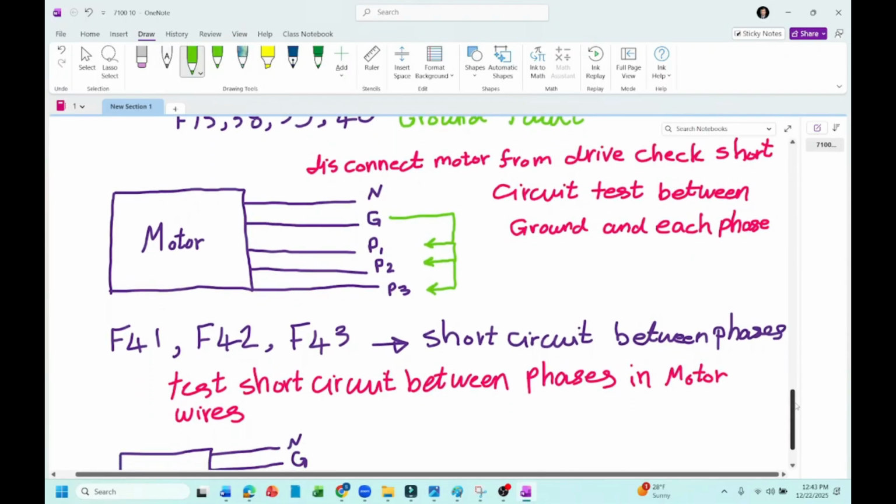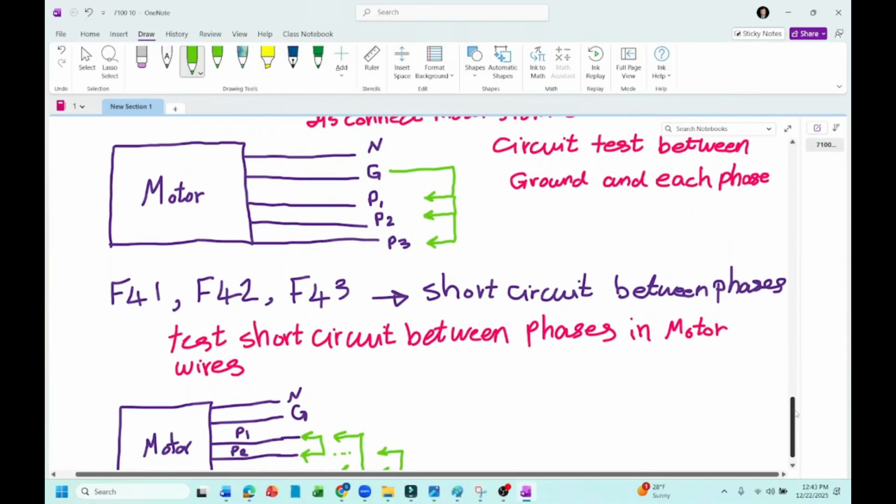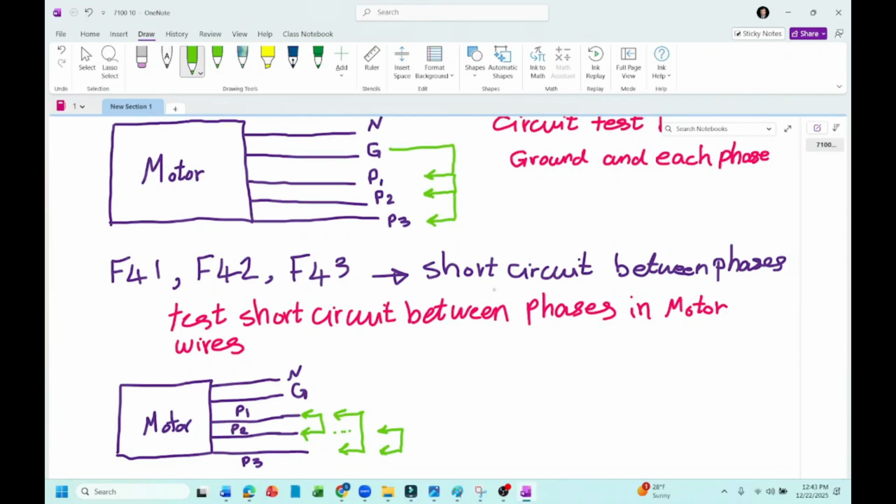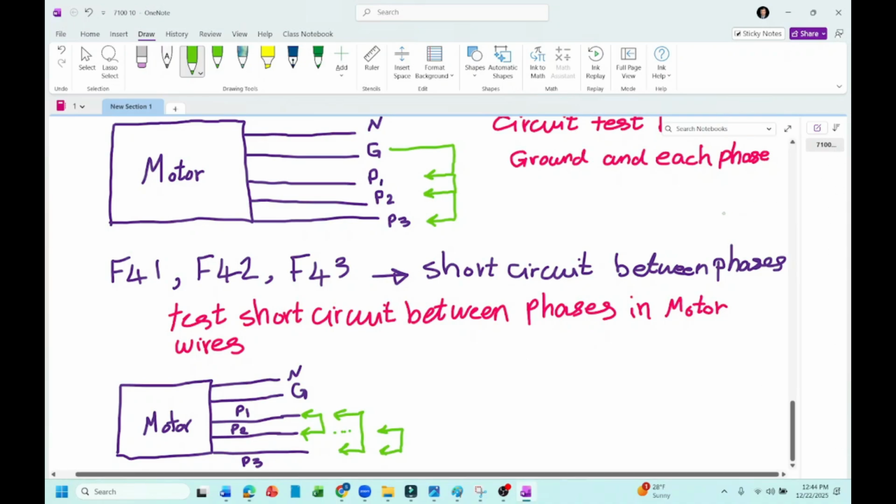Okay, the next fault codes are F41, 42, and 43. These are the short circuit related errors. Usually you see these errors whenever a short circuit happens between the motor phases, similar to the ground fault.